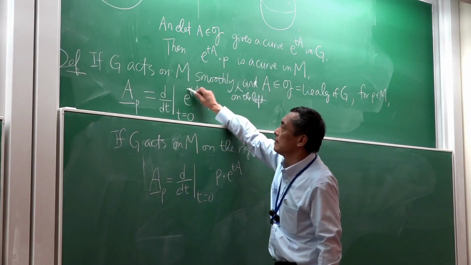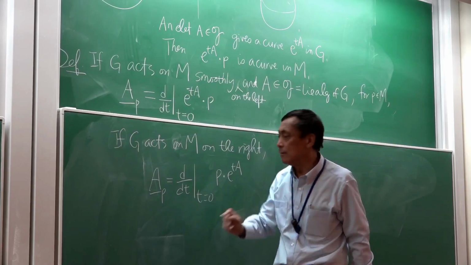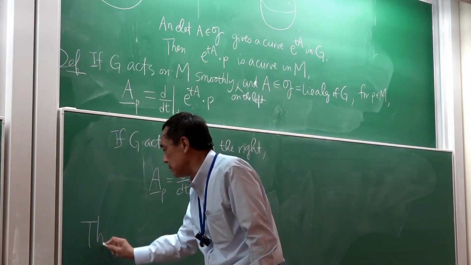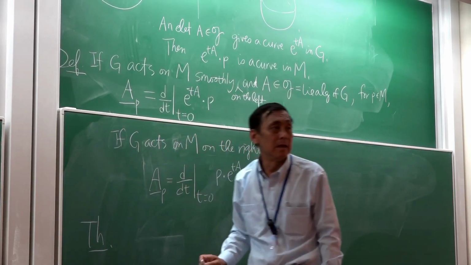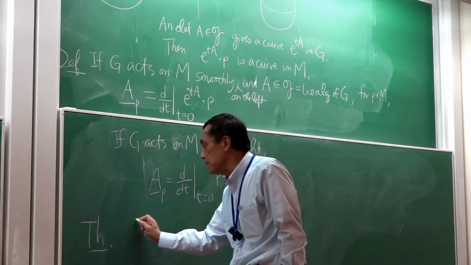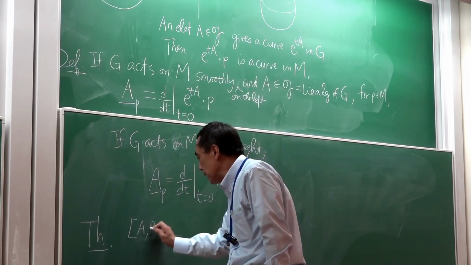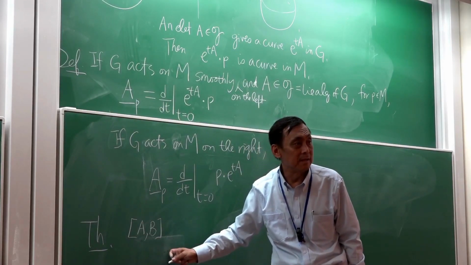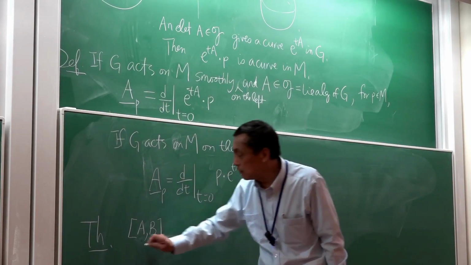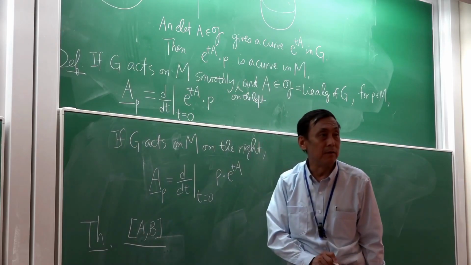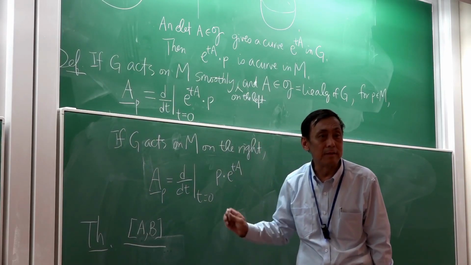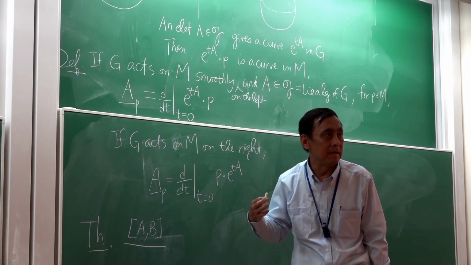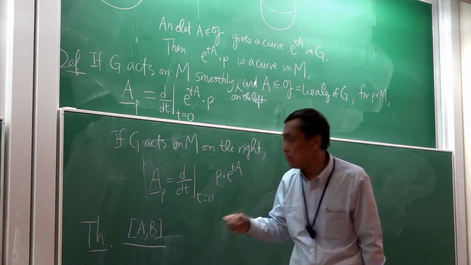Also, you need this minus sign because later you will have a theorem that says that if you take two elements of the Lie algebra, you take their bracket, and then you form their fundamental vector field, it turns out that this operation is a Lie algebra homomorphism.